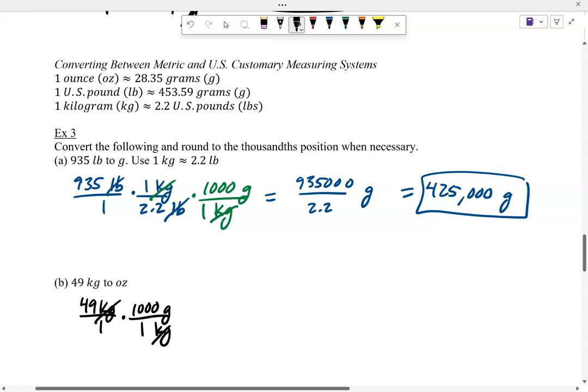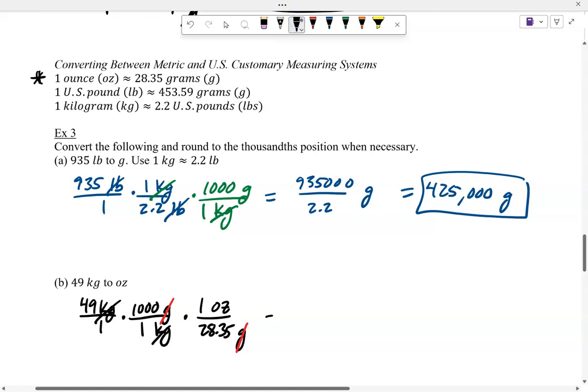So see how I'm now in grams. Remember, I want to get to ounces. So now I'm going to use, for every 1 ounce, there's 28.35 grams. And you see how my grams now cancel?